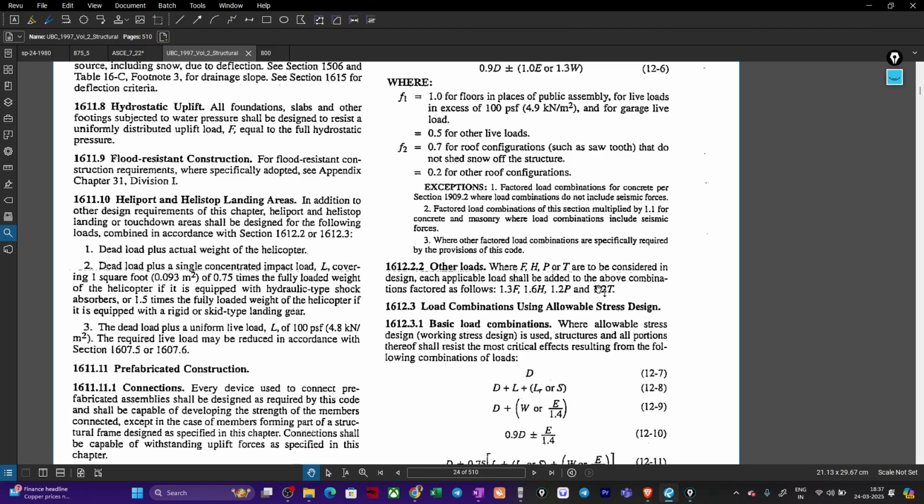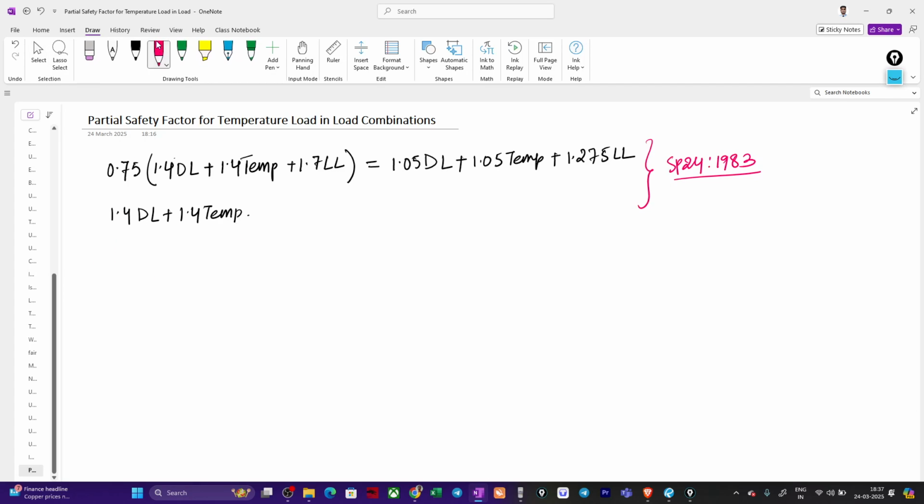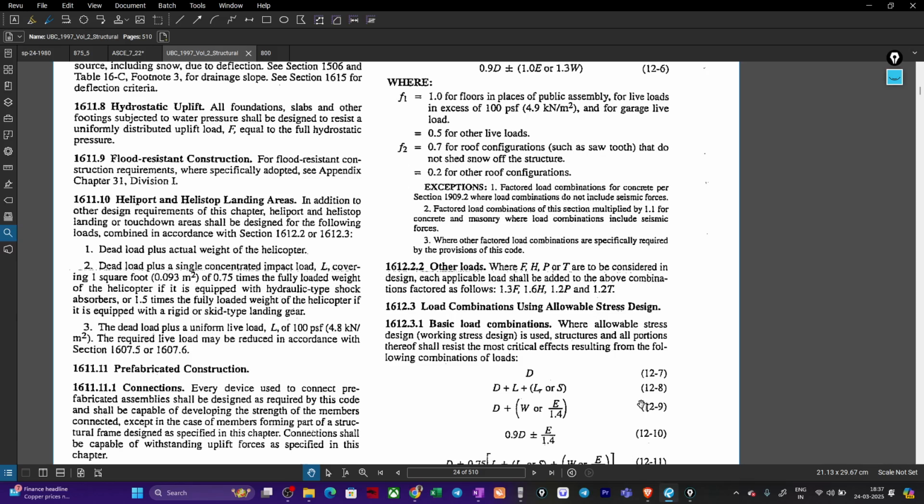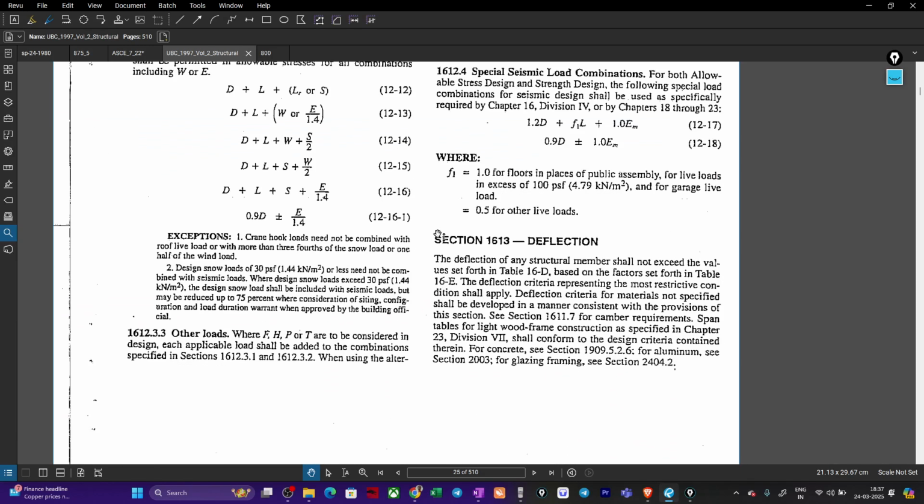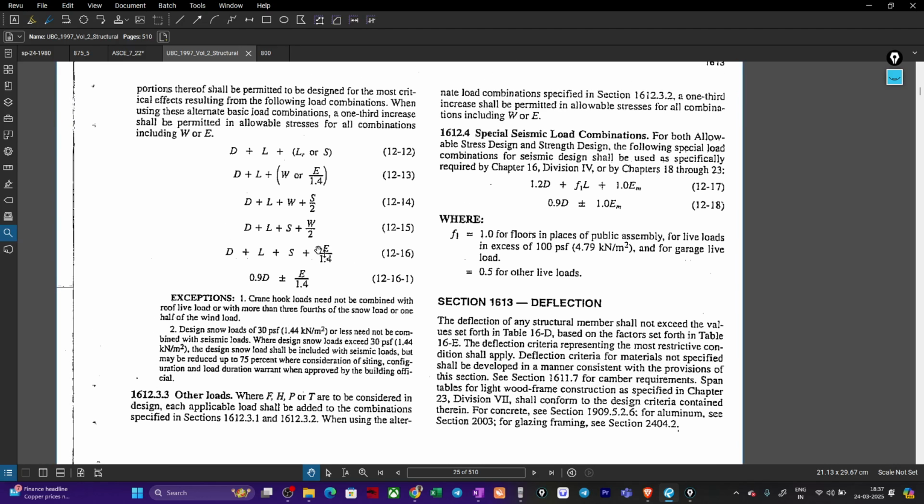So let me write it here. For design, 1.2 times temperature load, it is by UBC 97. As per UBC 97, 1.2 times temperature load needs to be taken in the design combination. And if I go just below here, this is my serviceability combinations.